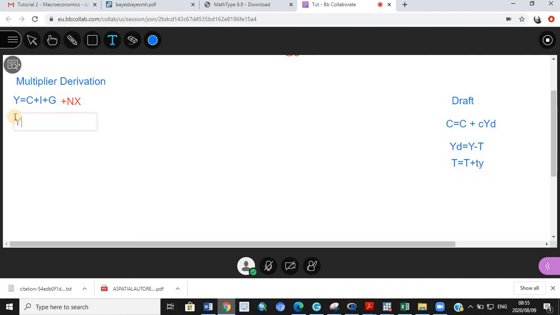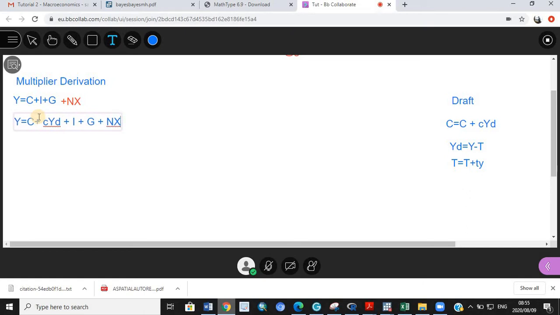Here we have Y, which is the output, should be equal to C plus CYD plus I plus G. Depending on the level of the economy, you can say plus NX.